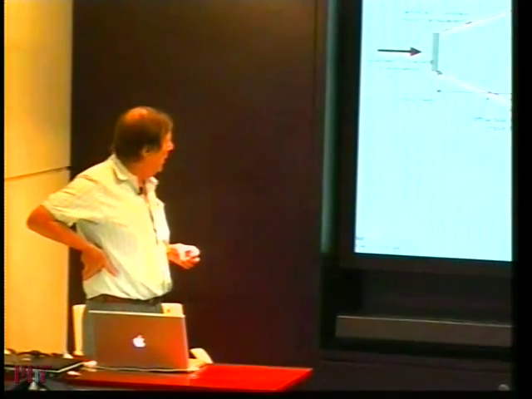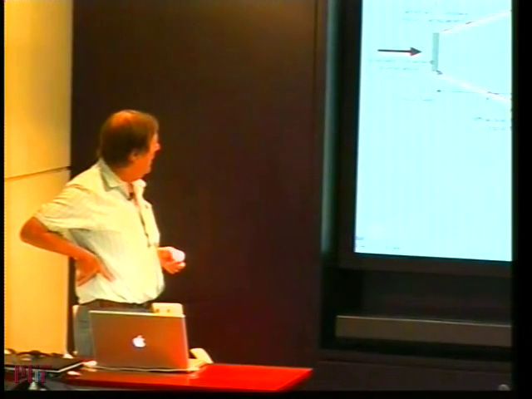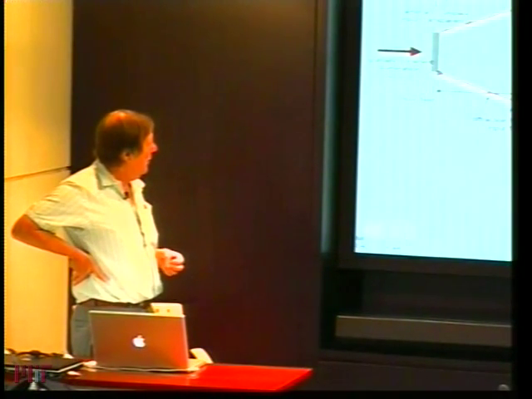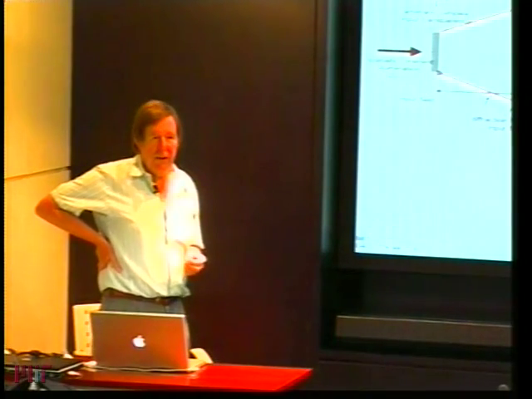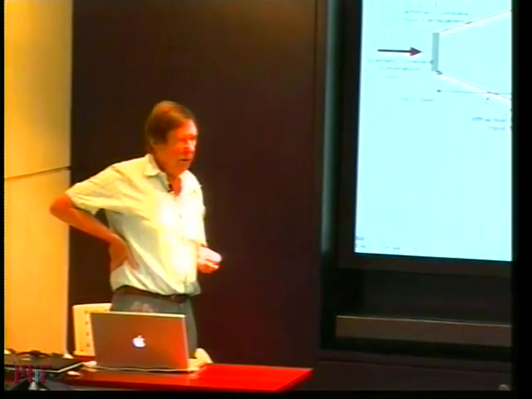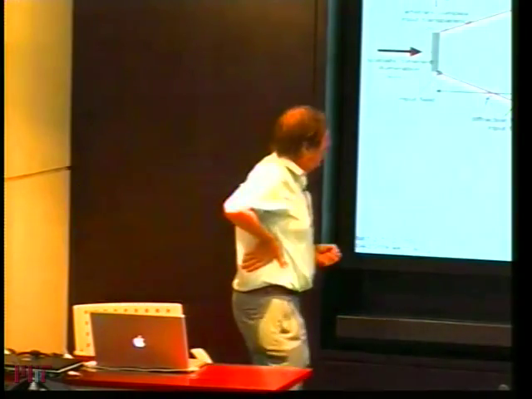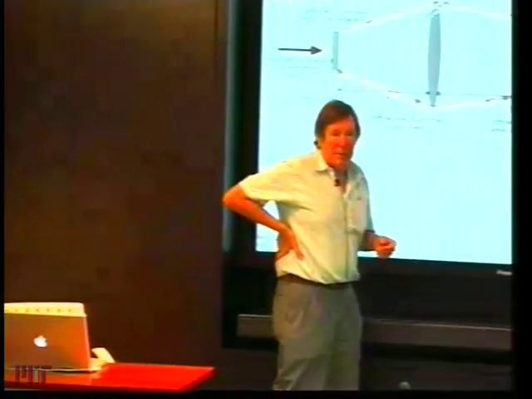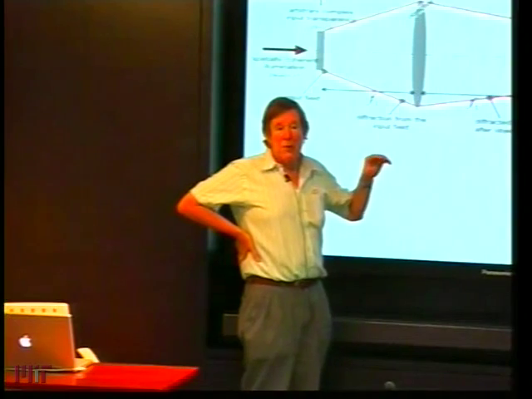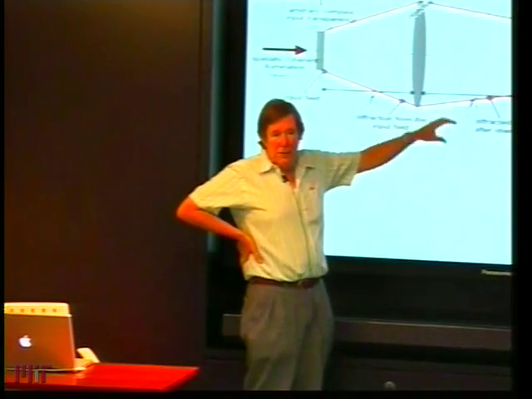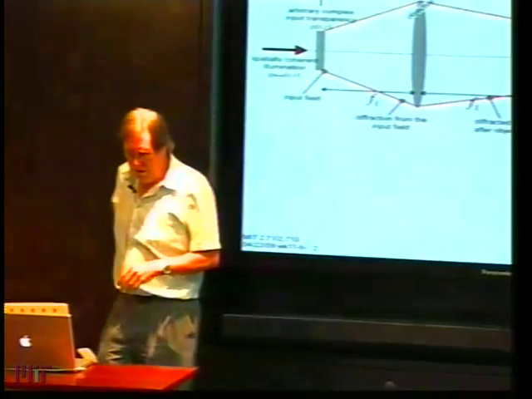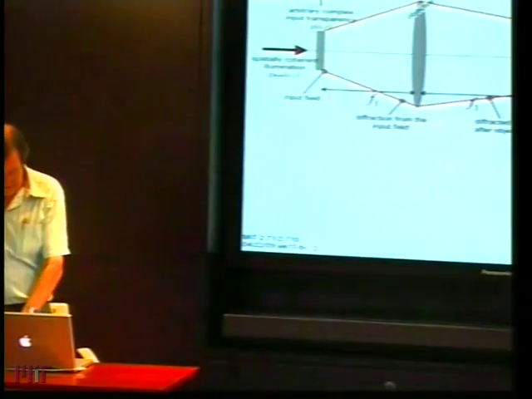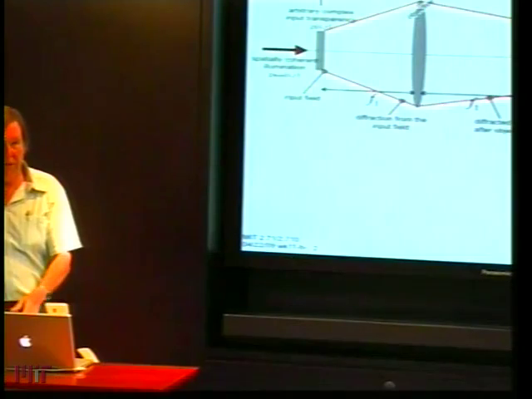What we've been looking at, this is just revising again, is the fact that we're thinking of the 4F system as being a linear shift invariant system. If you remember, the shift invariance means that the point spread function is independent of position. So in that case, you can write the image as a convolution.